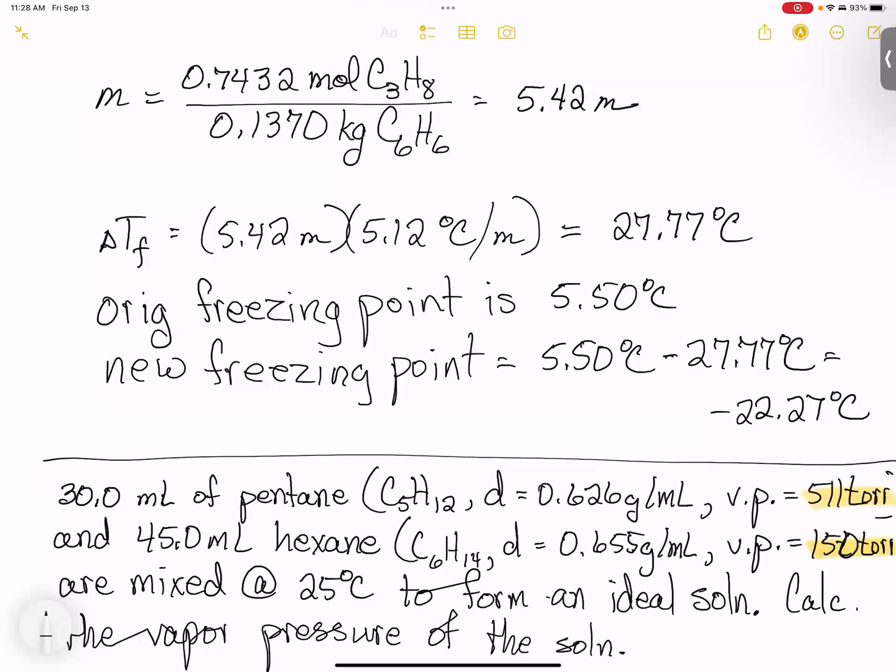So can I use that equation, moving things around, to know to subtract 5.5 Celsius minus 27.77? I mean, you can without writing out everything. I just wrote it out so that hopefully it'll make sense when you're looking at your notes, but I don't actually ask you to write out what's what.